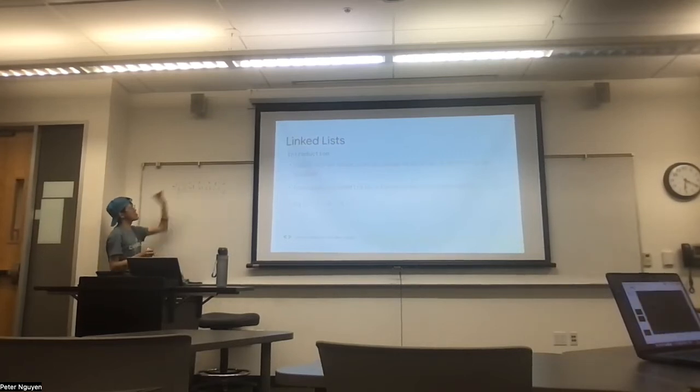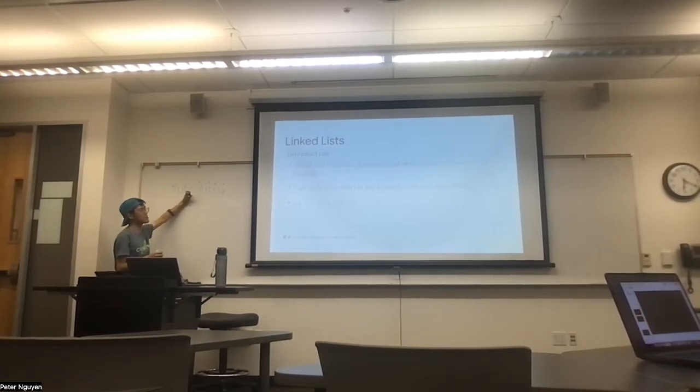I want the 3rd element, you can do that immediately. However, the problem with arrays is that you can't resize that, quote unquote. Once you say, I want this block of memory, you can't suddenly say, oh, can I just have one more? That isn't really possible. But it is possible with a linked list.